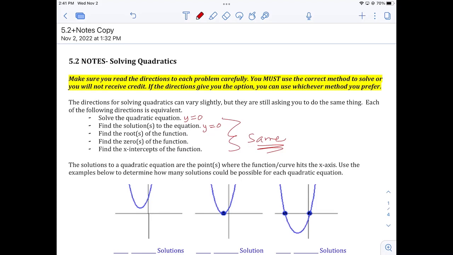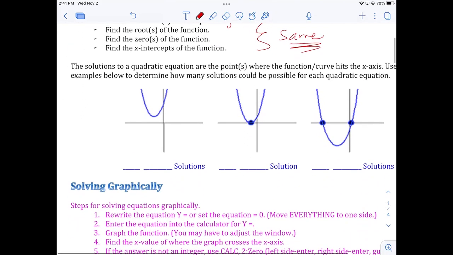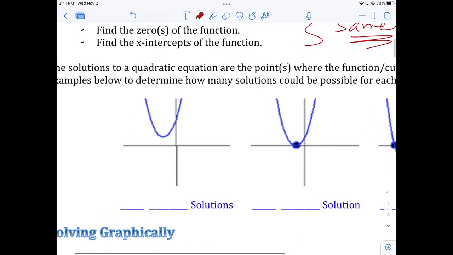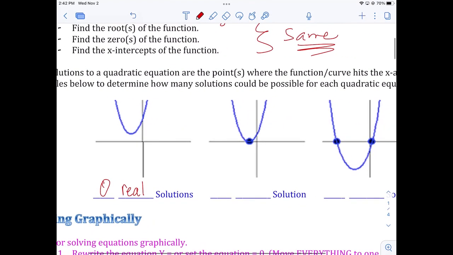Okay? So, what can possibly happen? If you're looking at how many solutions this could be, you can have 0 real solutions, because there's no intersection point. What if it bounces off the axis? Boing, this is a bounce right here. It's just one real solution.